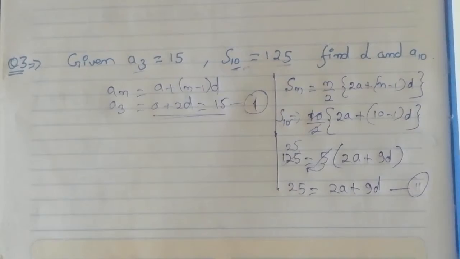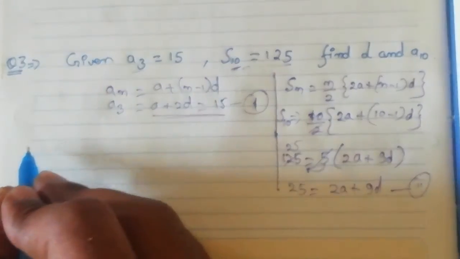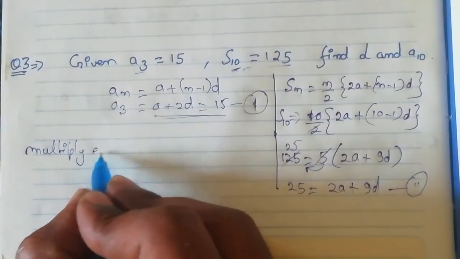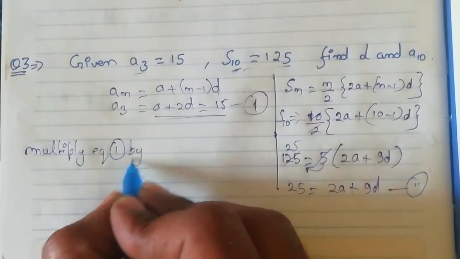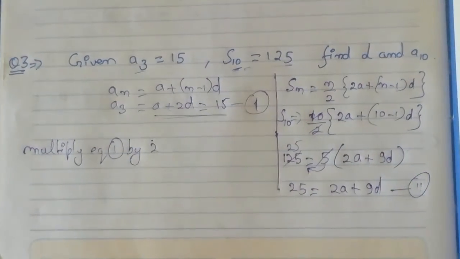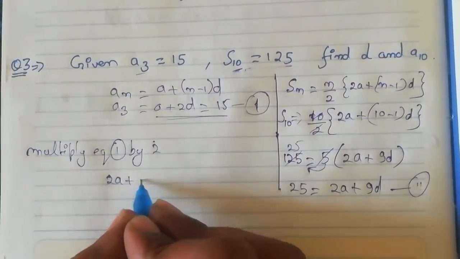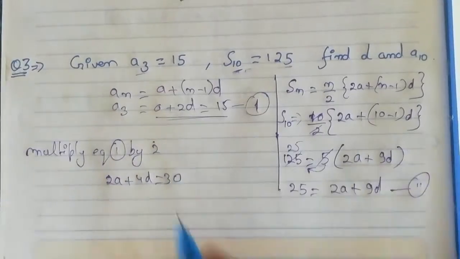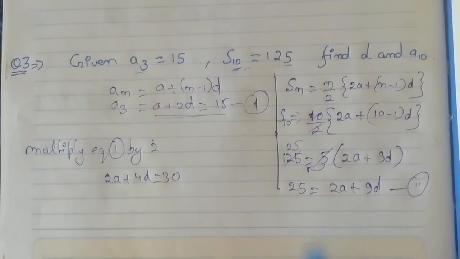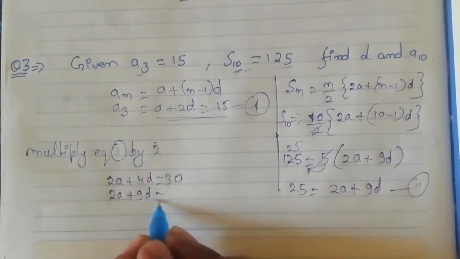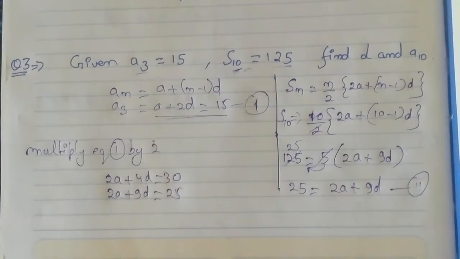Now if we multiply equation first by 2, this equation will become 2a plus 4d is equal to 30, and our second equation is 2a plus 9d is equal to 25.